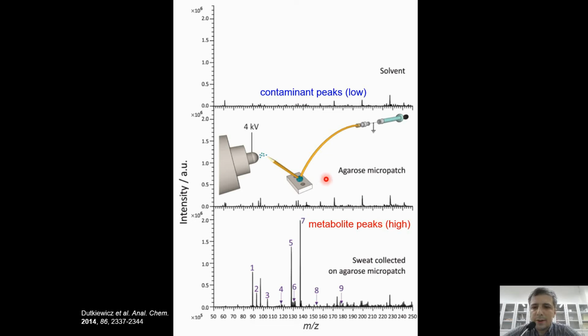Furthermore, those probes are incorporated into a special mass spectrometry setup where metabolites can be solubilized, and metabolite extracts can be transferred to the ionization region in the mass spectrometer. So we can see many peaks, and those peaks relate to different skin metabolites.